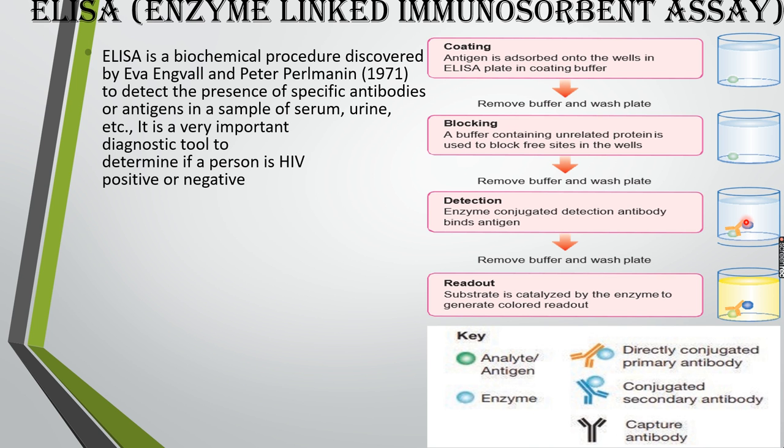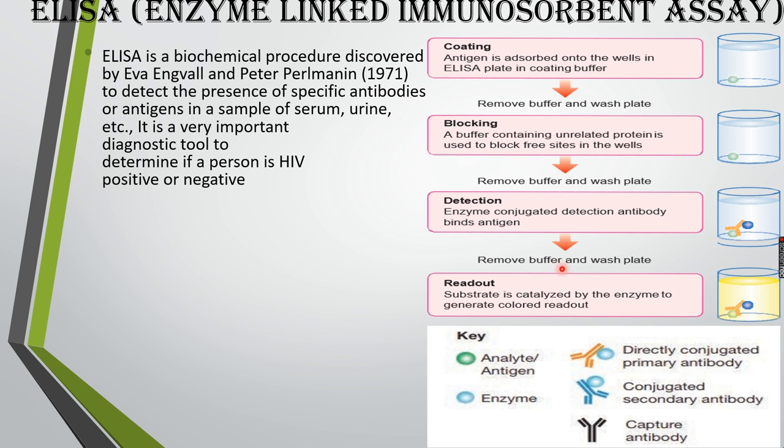Here there is an enzyme, this blue color, the peroxidase enzyme, which can act on this antigen-antibody binding. So the antigen-antibody binding, this orange color, is detected with the help of the enzyme peroxidase.